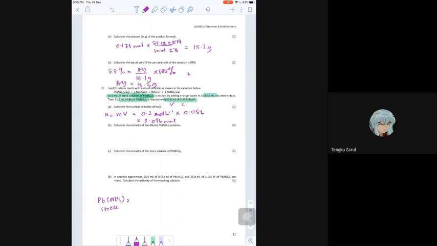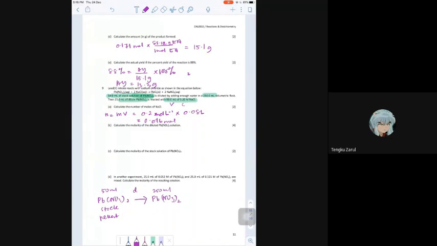Stock means concentrated. Then it is diluted. It undergoes dilution to produce the diluted PbNO32, which is less concentrated. It is diluted to 250 ml. Originally the stock solution is only 50 ml, so it was diluted to 250 ml.